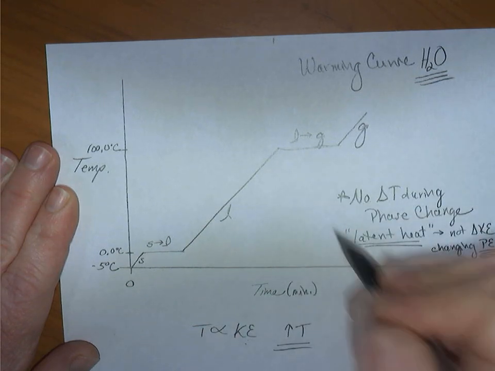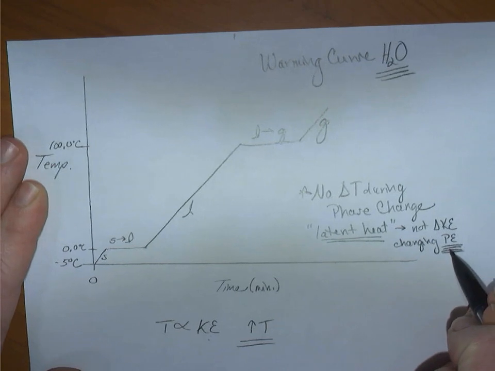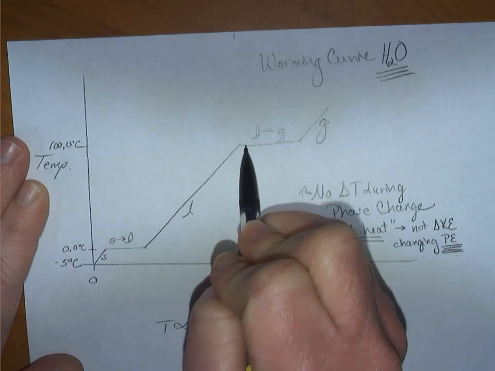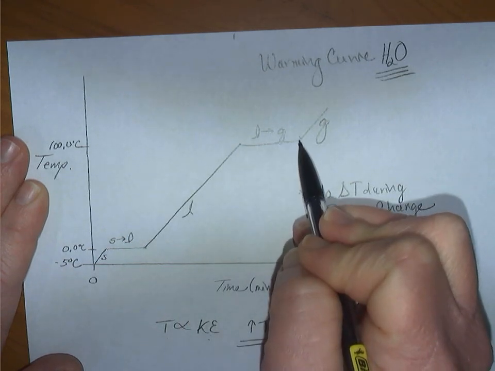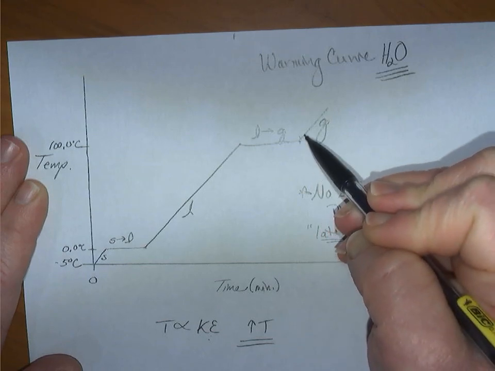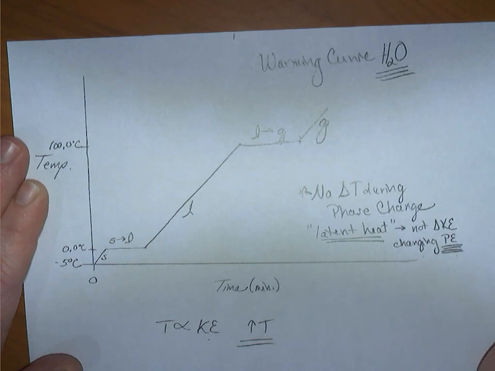Again, latent heat. All that energy is going to overcome the particle attraction, not changing kinetic energy, but changing potential energy. And then once we have all the phase change complete, all the particle attraction overcome, then we can go to changing the kinetic energy of the substance.